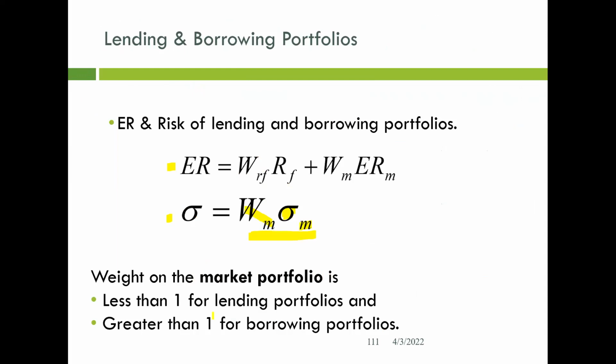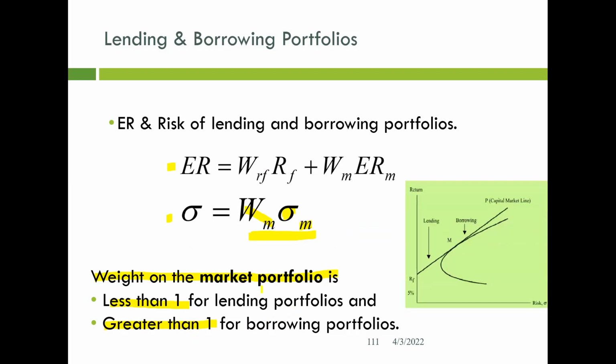The weight on the market portfolio is important. The weight on the market portfolio is less than 1 for the lending portfolio, because in a lending portfolio you invest in both the optimal market portfolio as well as the risk-free investment. But in a borrowing portfolio, the weight on the market portfolio is greater than 1. Why? Your own money as well as your borrowed money, both you are investing in the market portfolio. So therefore, it is greater than 1.